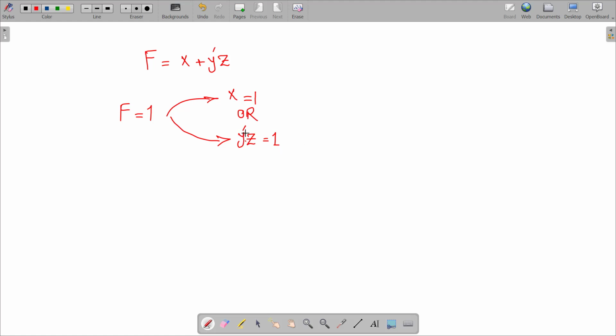Now, when y prime z is equal to 1, we know that this is AND. When y is equal to 0 and z is equal to 1, under this condition, we will have f is equal to 1.